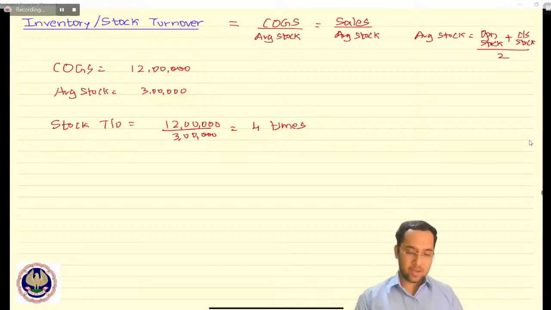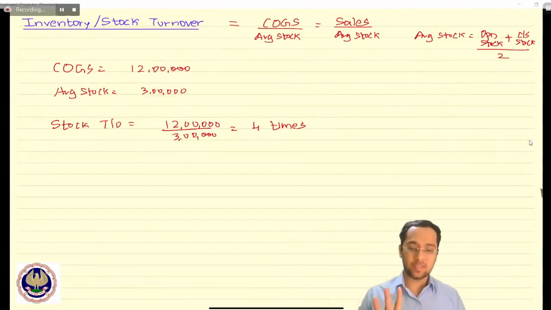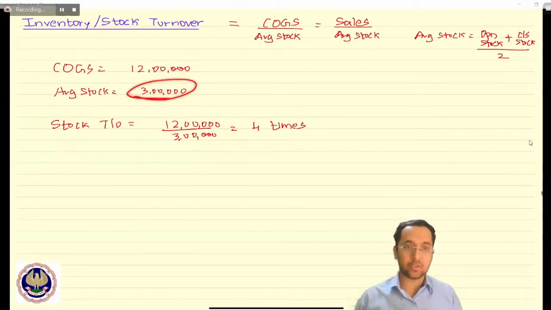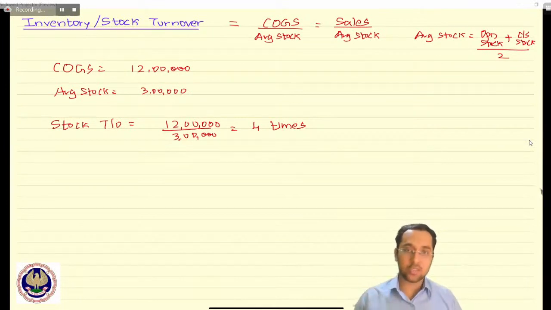Can I say one lot of stock, which is on average 3 lakh, will be sold 4 times in a year? So in 1 year, we will be selling 4 such lots of average stock as the sales.